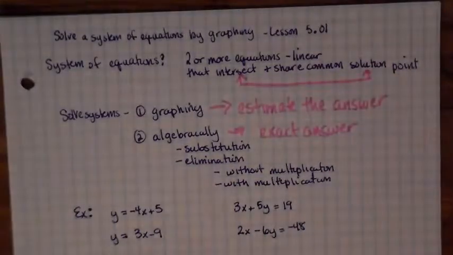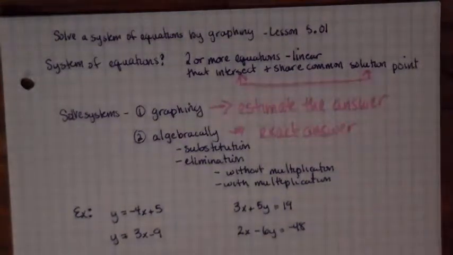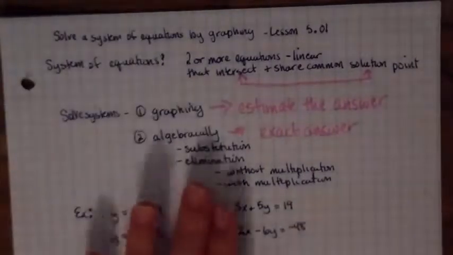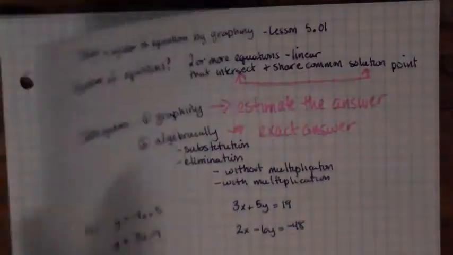This could be another system. The lines will intersect at some point, and that will be the solution. So we're going to go through in this lesson and talk about solving systems of equations. We're going to start with graphing, and then we'll move on to solving algebraically. So let's start with graphing, and we'll start with our first example.